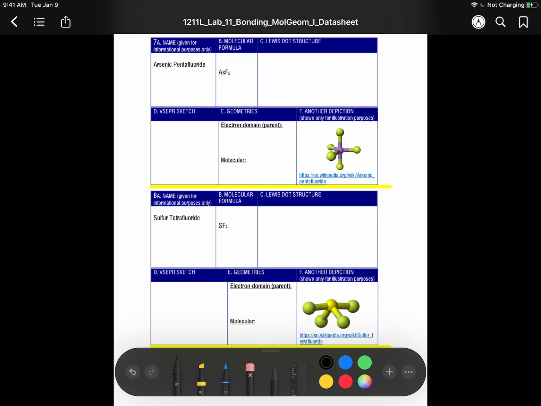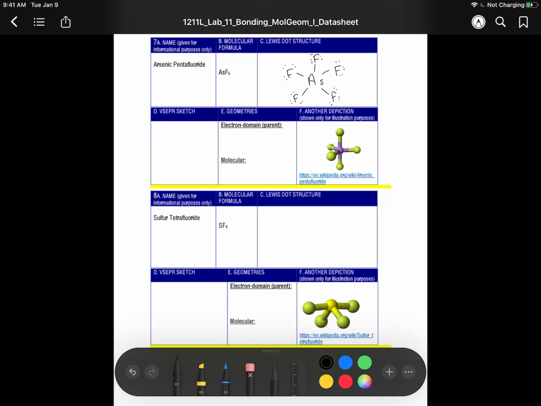Okay, so first thing we want to do is we want to draw our Lewis structure. And when we draw the Lewis structure, we should get a structure that looks like this. This is an expanded octet. Voila. So this is arsenic pentafluoride.